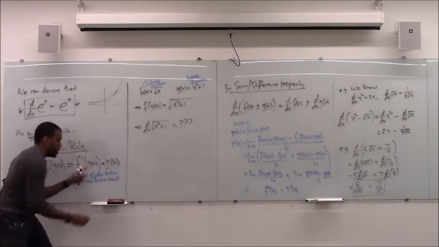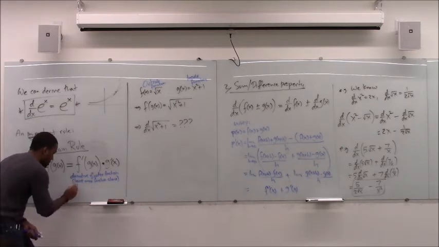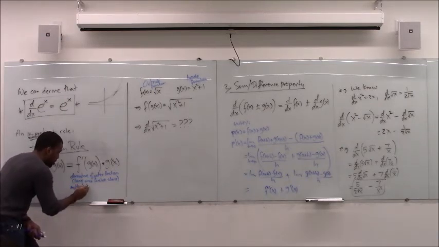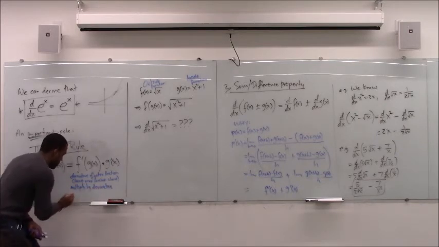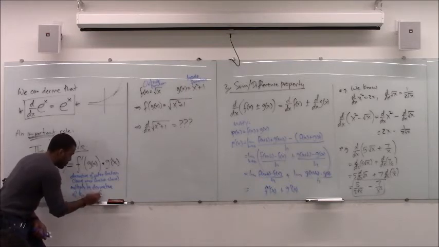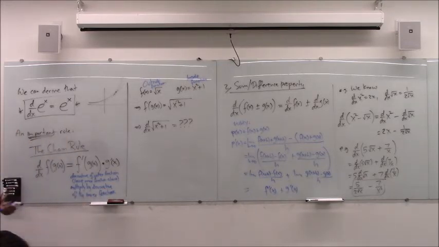So you don't touch the g in the first place, but then you multiply by the derivative of the inner function. Now you have to prove that this actually gives you the slope of this new function, but it does. We're not going to do the proof.